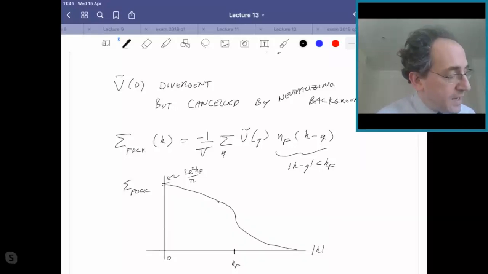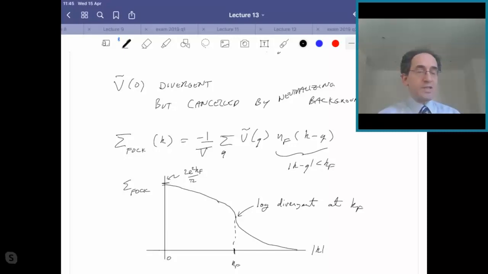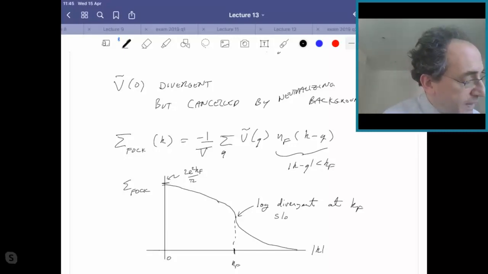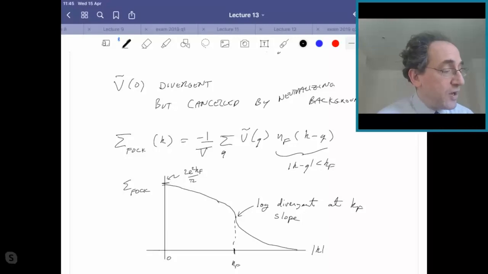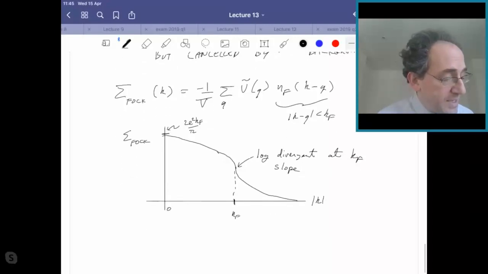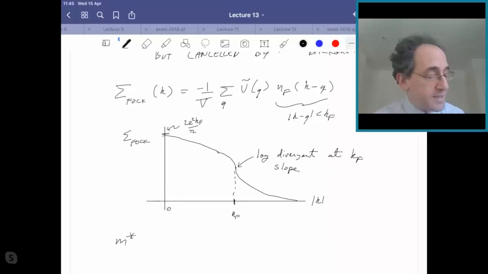And what's not obvious until you do the calculation is the slope is log divergent at kf. You have a log divergent slope at kf, and a log divergent slope at kf means the effective mass goes to 0 at kf, logarithmically.